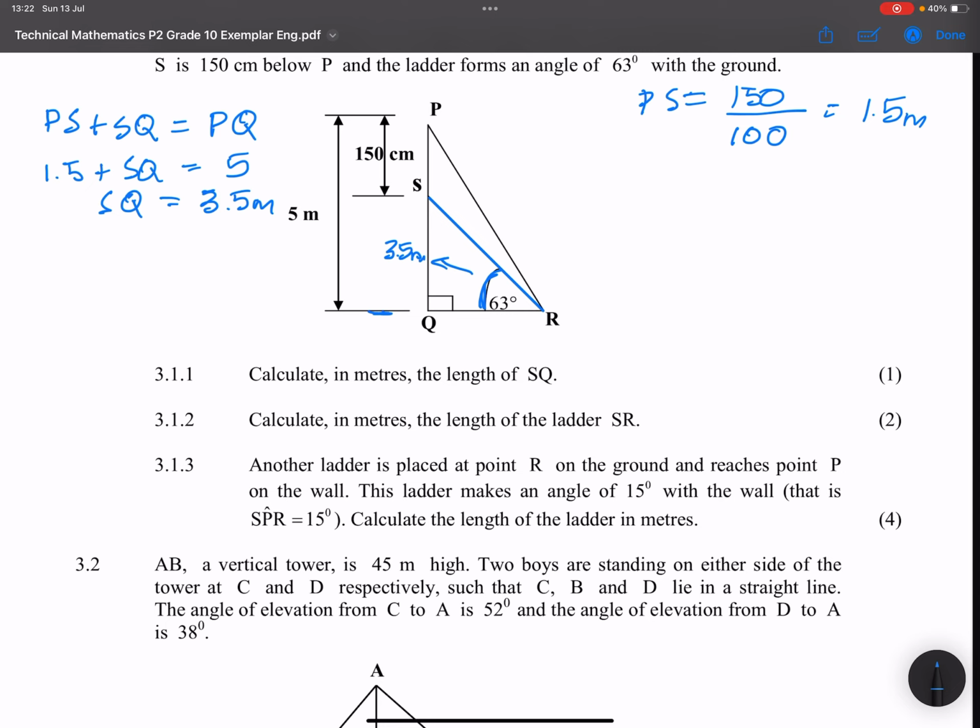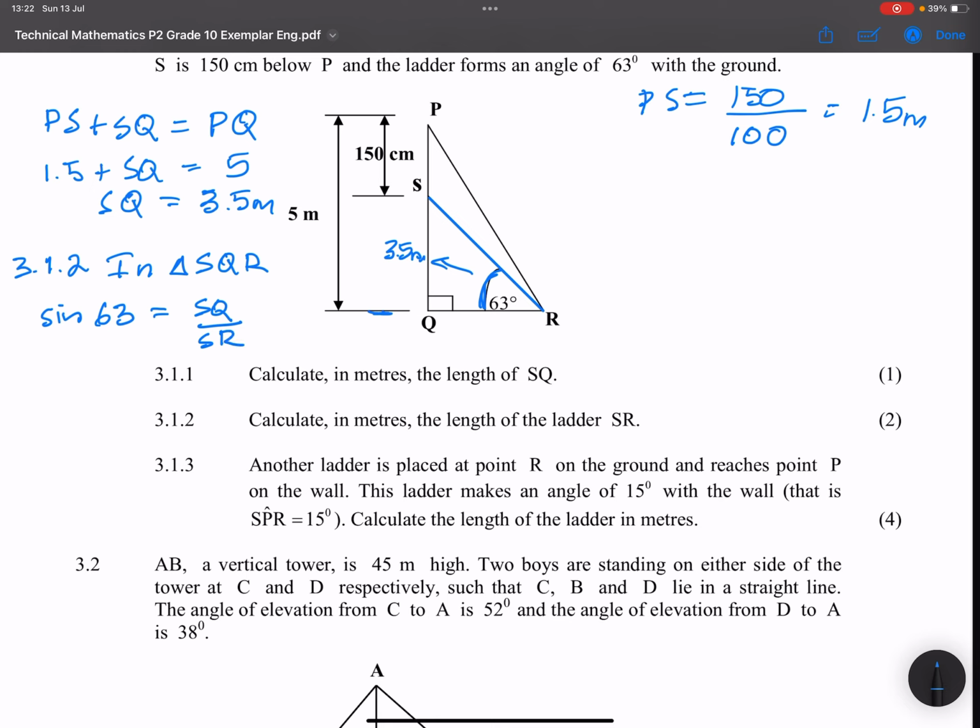So I'm going to say in triangle 3.1.2, so in triangle SQR, we know that what is opposite over hypotenuse, that's going to be the sine of the angle. So sine of 63 will be opposite, which is SQ, divided by hypotenuse, which is SR.